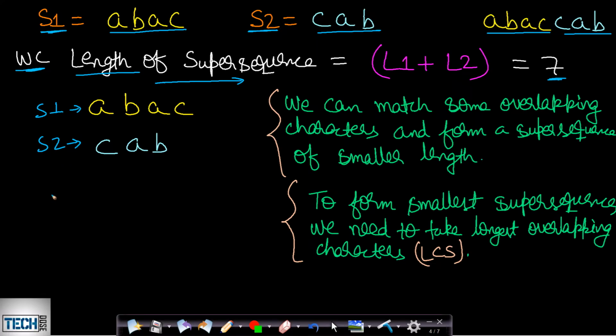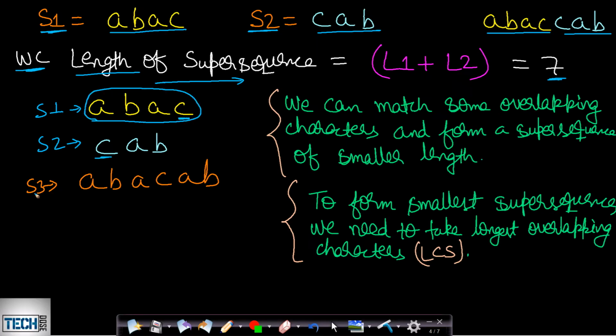So how do we make string S3 in this case? You can see that this C and this C are common. So let us write this as ABACAB. This is string S3, by the way. You can see that S1 is present entirely as a subsequence in string S3, which is this ABAC, and string S2, which is this CAB, is present as a subsequence in string S3, which is this CAB.